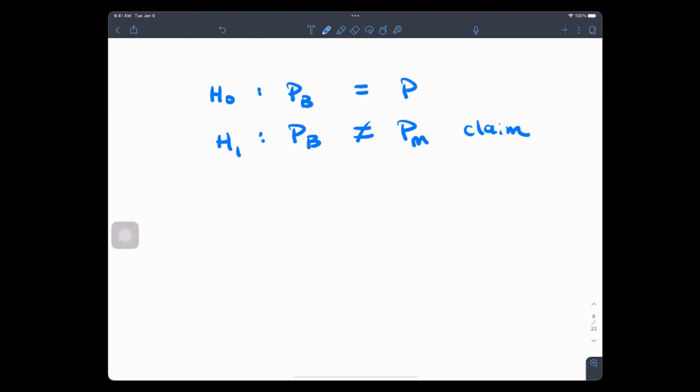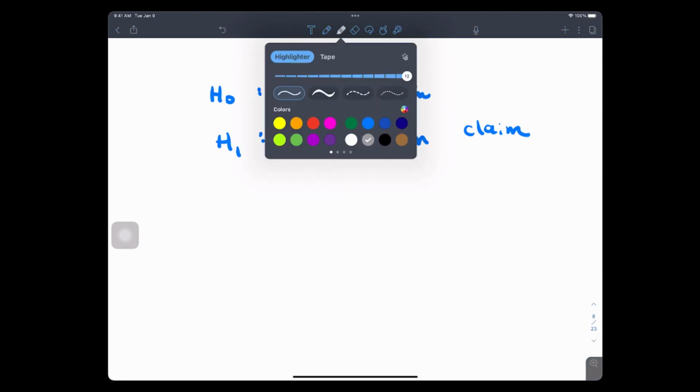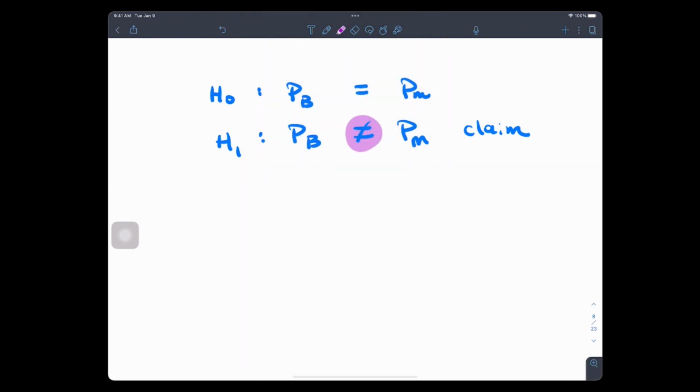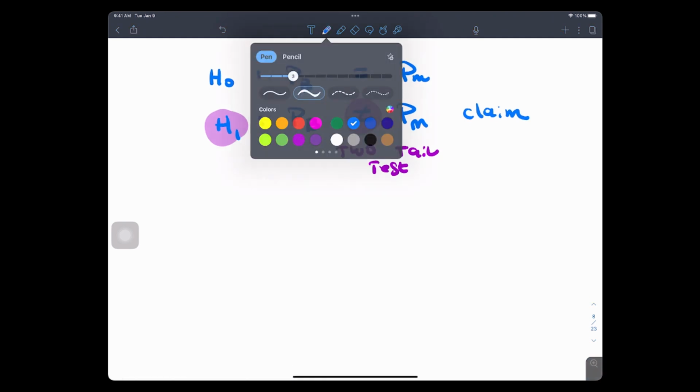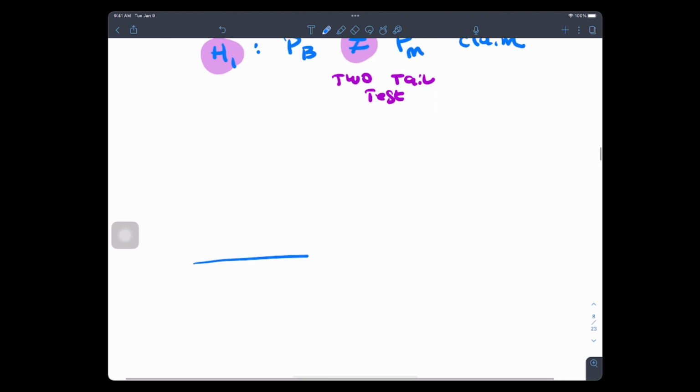Equal. Okay, so here's my alternate hypothesis, and it's not equal. What does that mean? Two tail test. So draw a bow with two tails.